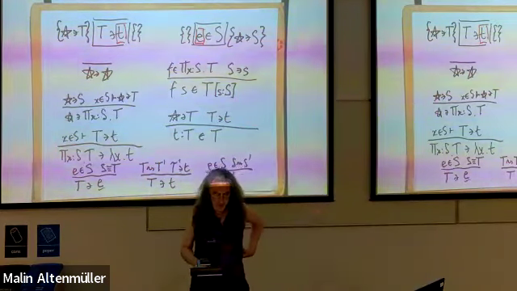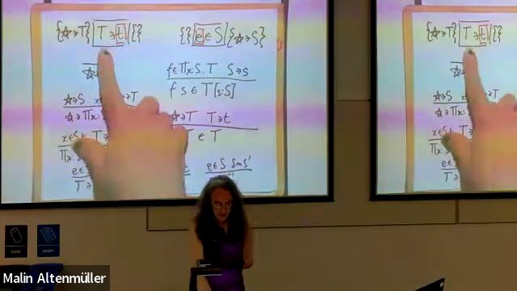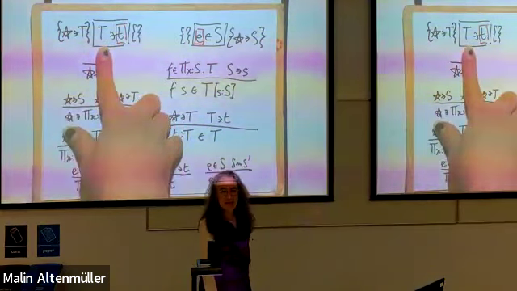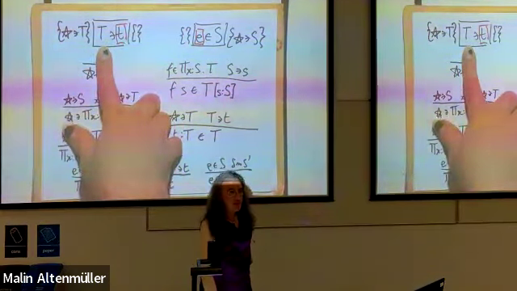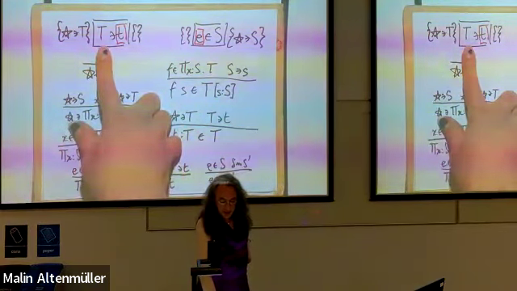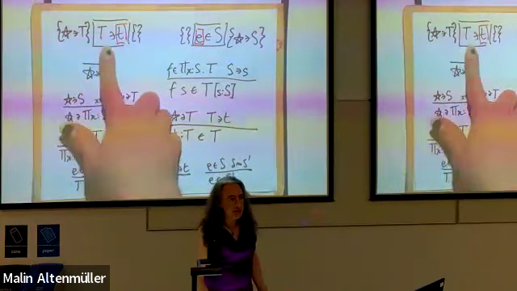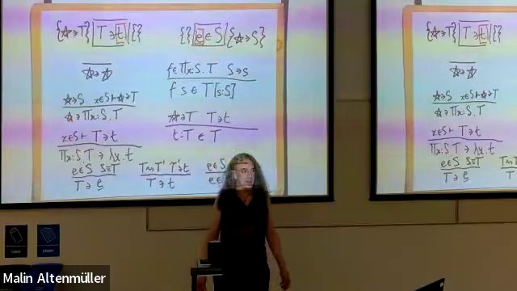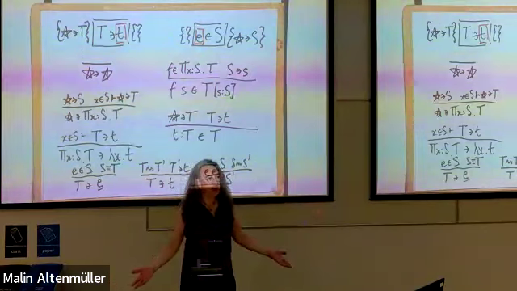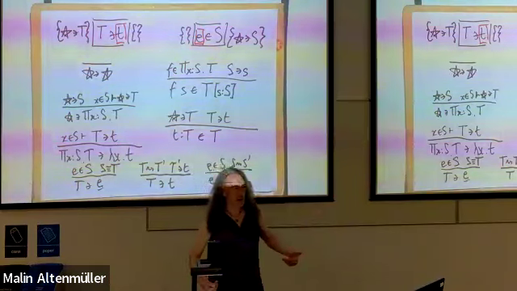But we're operating on the basis that whoever is asking, does big T accept little t, is promising you that big T is a type. Whereas when you ask someone to check, does big T accept little t, you're not making any promises about little t. That's why you're asking the question in the first place. You're hoping the person you're asking is going to make you a promise about little t.